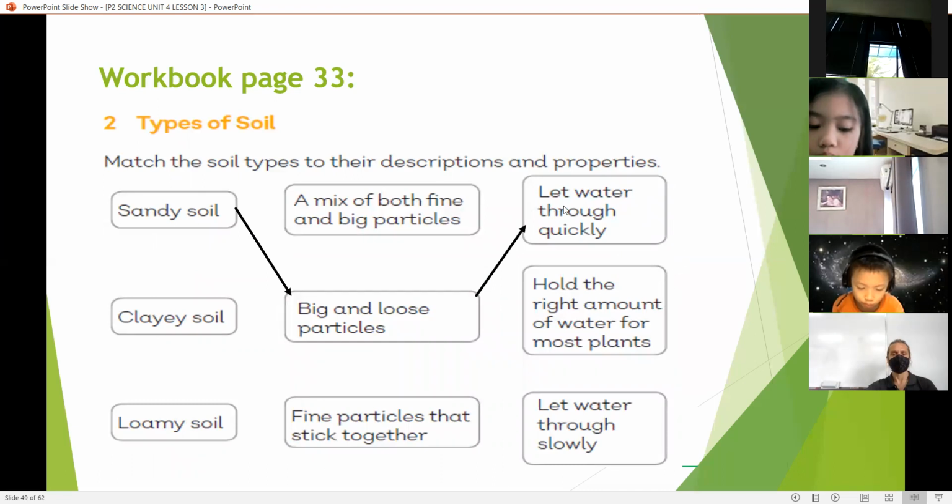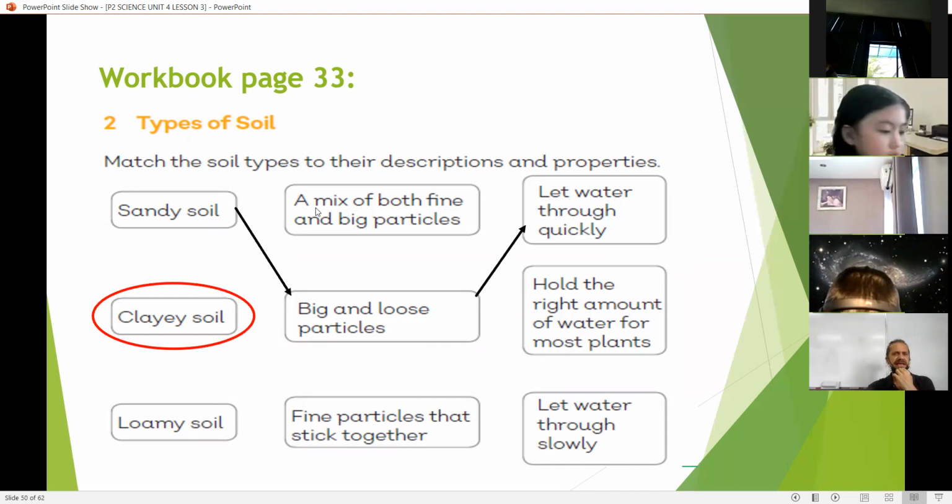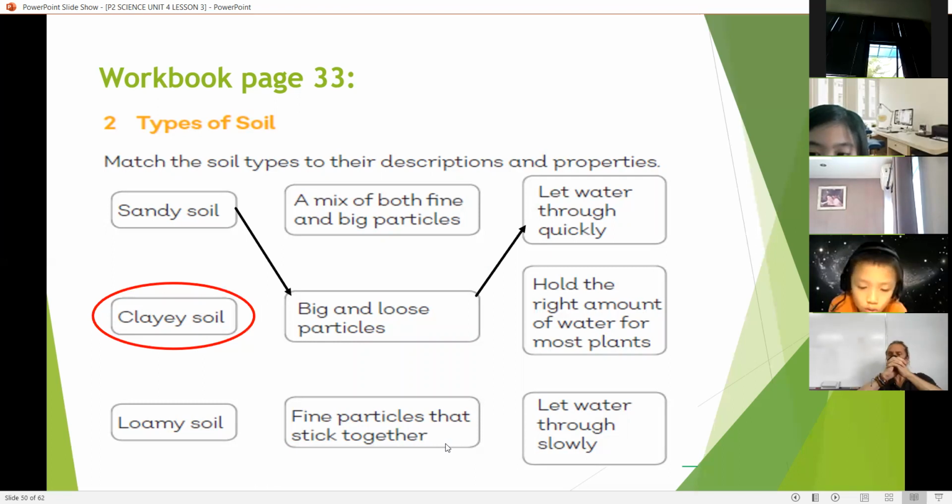So here we can say, let water through quickly. Okay. Let's look at clay soil, everybody. Is clay soil made of big and small pieces of rock, or small pieces of rock that stick together?